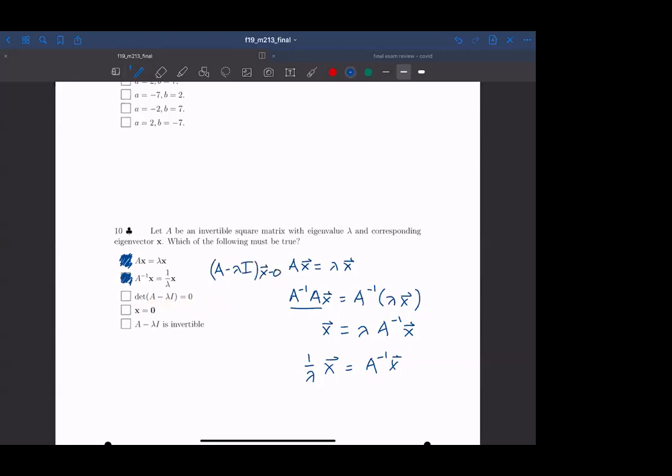Anyways, scratch that last part. It's probably hard to follow there. But remember, when we find the eigenvalues and eigenvectors, the way we find the eigenvalues is precisely by finding values of lambda that satisfy that. So that's true. What about option 4, x is equal to 0?